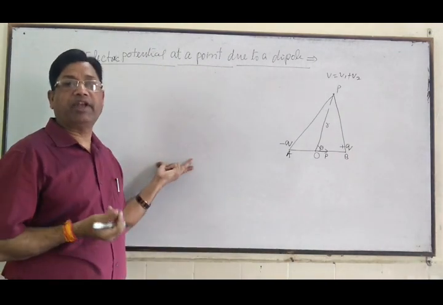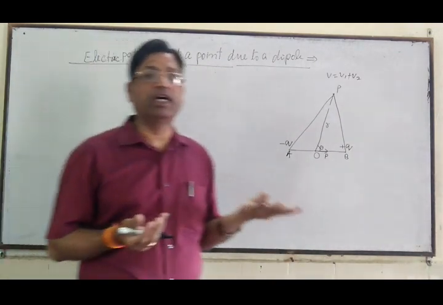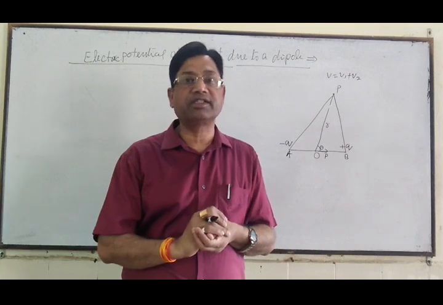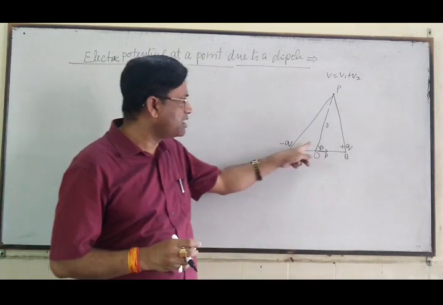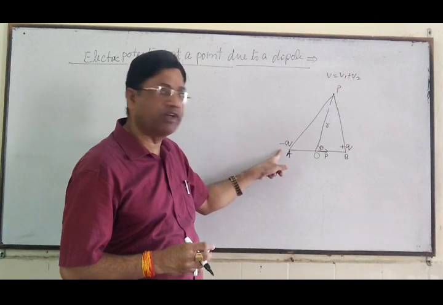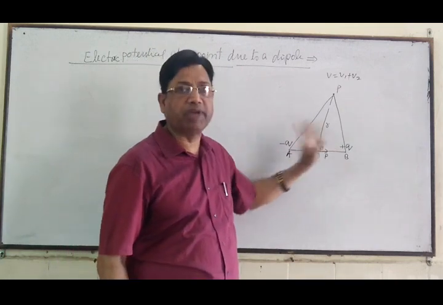We know the formula of electric potential due to a point charge, which we found in the previous lecture. Similarly, consider two point charges, minus q and plus q.